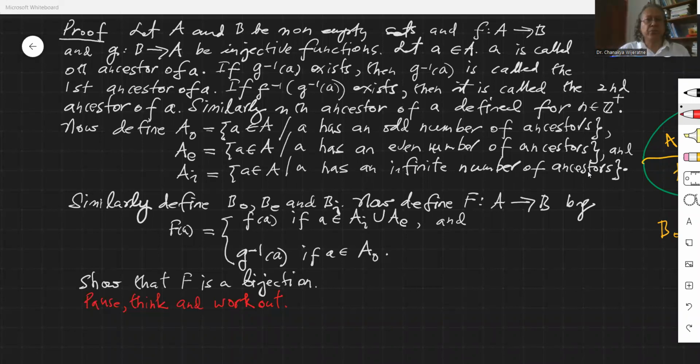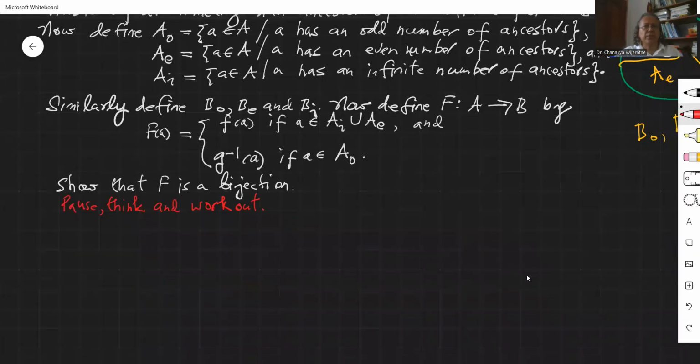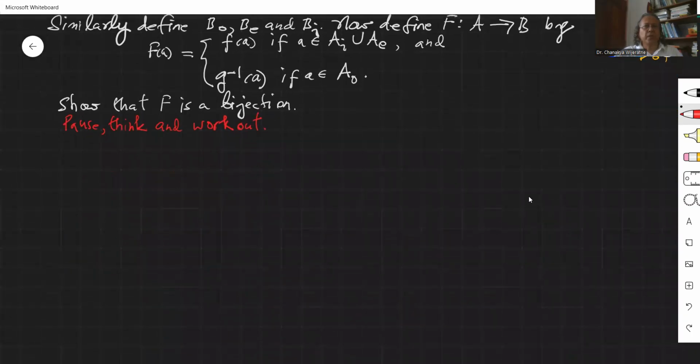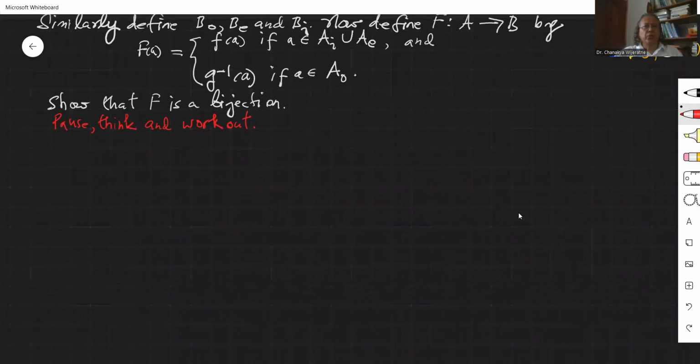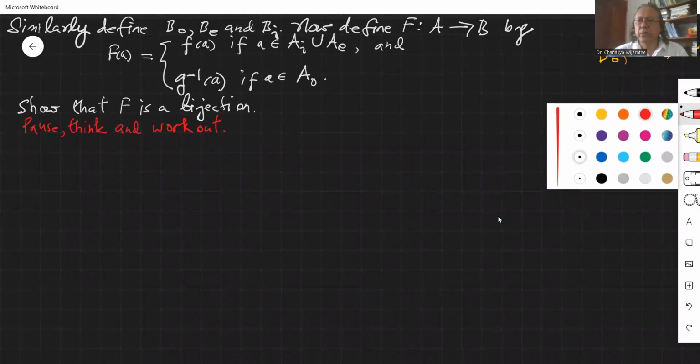Okay, let's continue our proof. We're going to show that this F is a bijection. First we'll show that F is well defined. So why is F well defined?